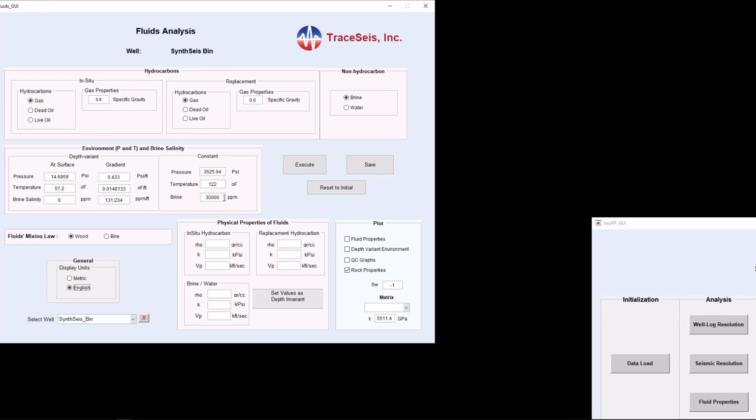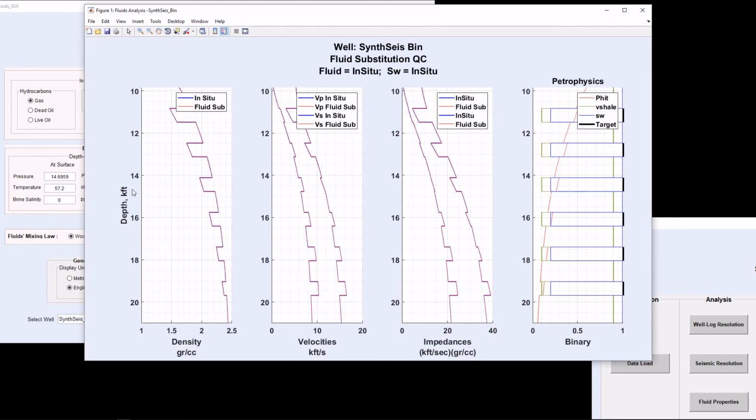Selecting English, the pressure is input in psi, temperature in degrees Fahrenheit, bulk modulus in kilo psi, and p-wave velocity in kilofeet per second. The displays are also done in these units. Here, depth is in kilofeet, velocities in kilofeet per second, and impedances in kilofeet per second, grams per cc.